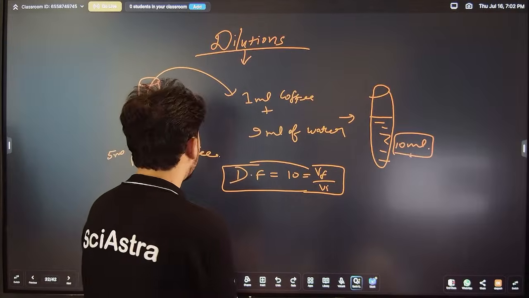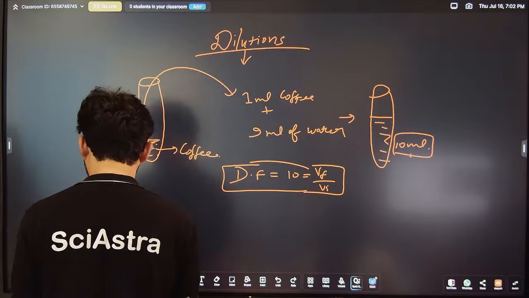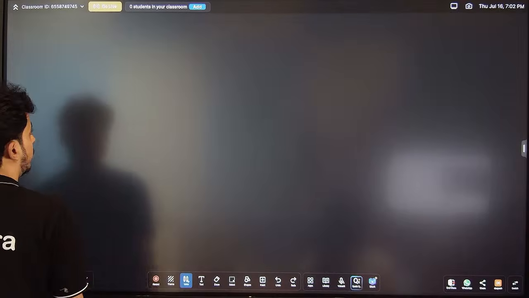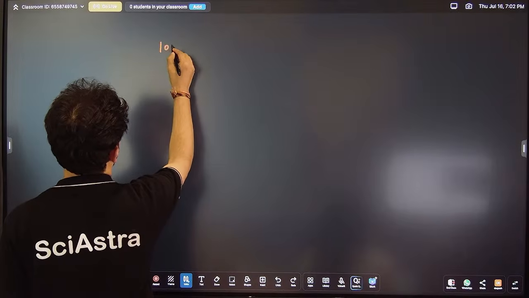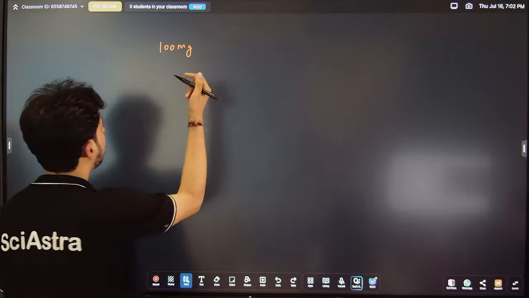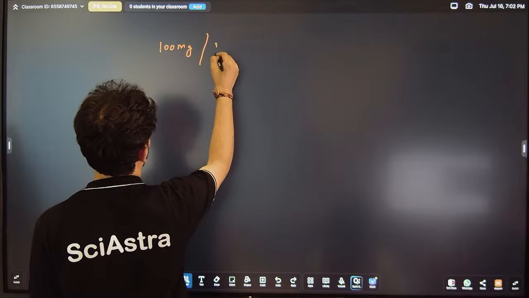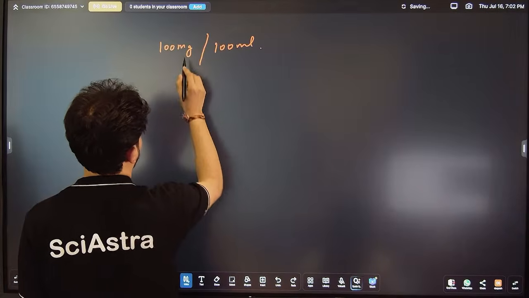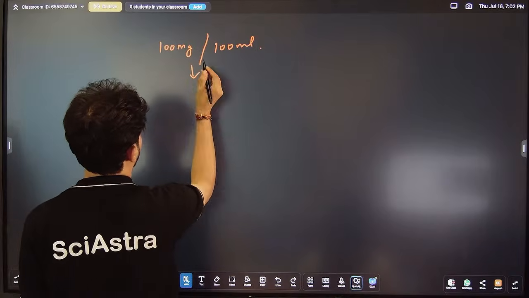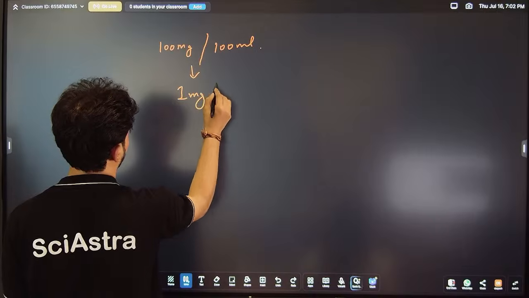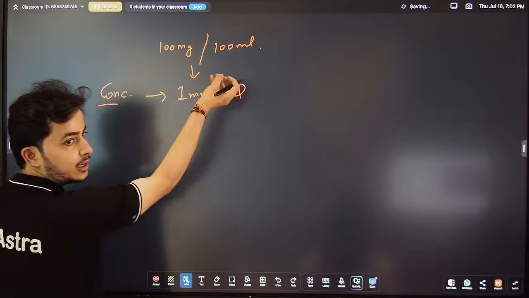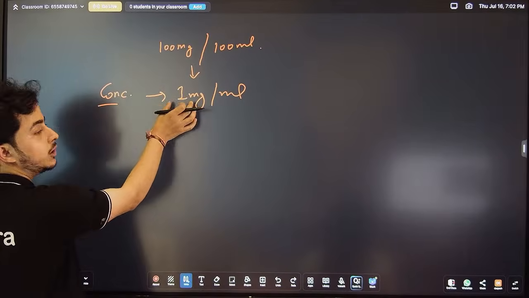Okay, good. Since it is clear, now let's understand how to make different dilutions. Let's say you have 100 mg of coffee powder and you put this in 100 ml of water. What this becomes is 1 mg per ml. This is what we call concentration: in every ml of the solution you have 1 milligram.